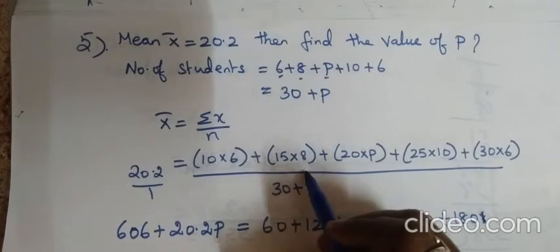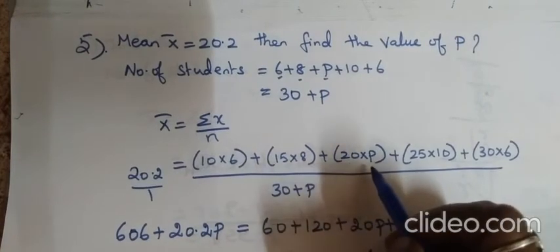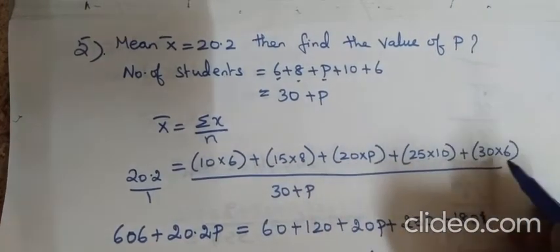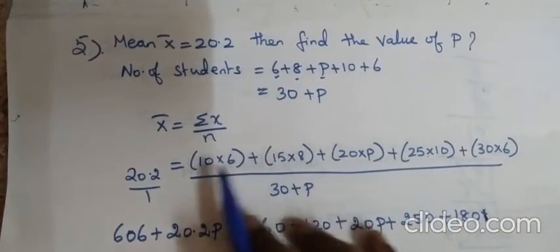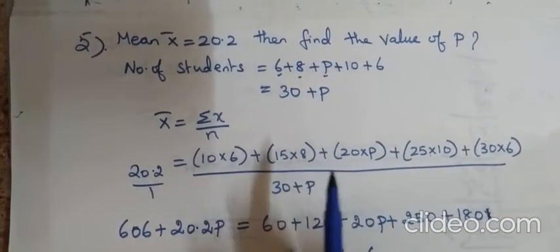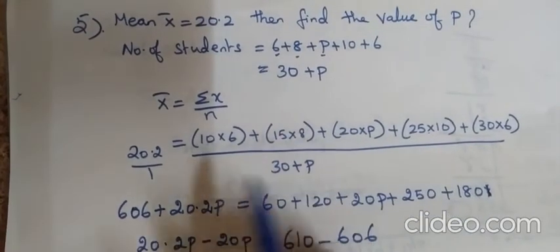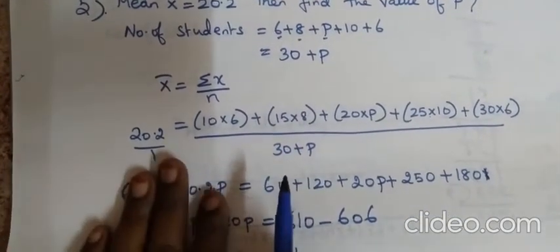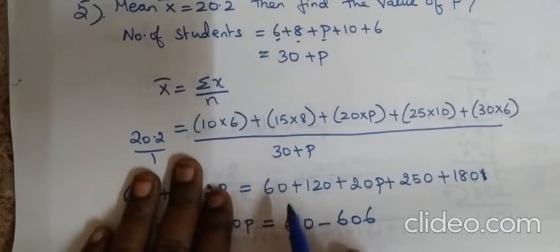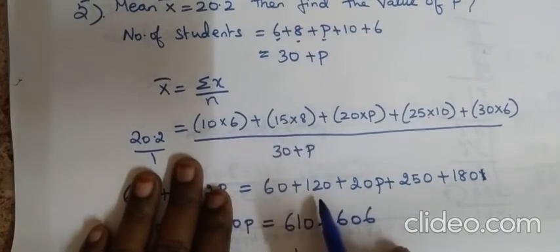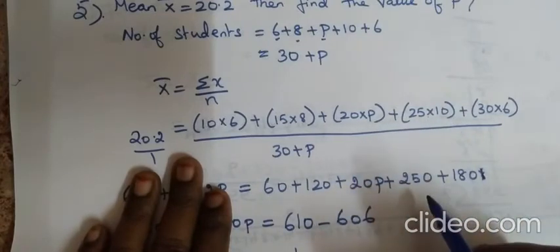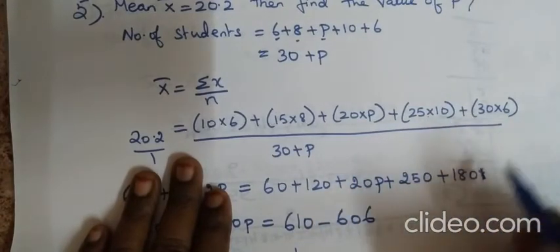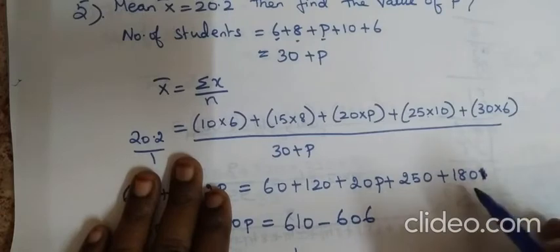Same way 15 into 8, 20 into p, 25 into 10, 30 into 6 students, divided by number of students, which is 30 plus p. So here we can add. 10 sixes are 60, 15 eights are 120, 20 into p is 20p, 25 into 10 is 250, 30 into 6 is 180.